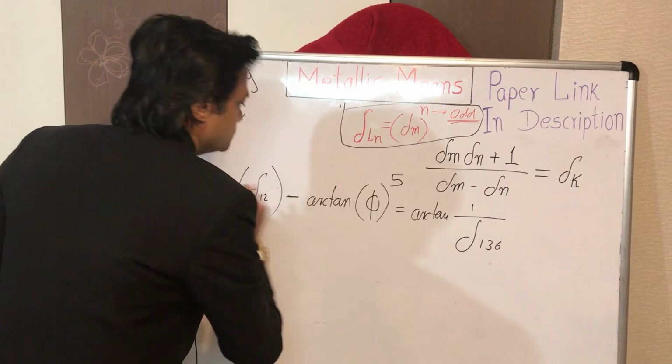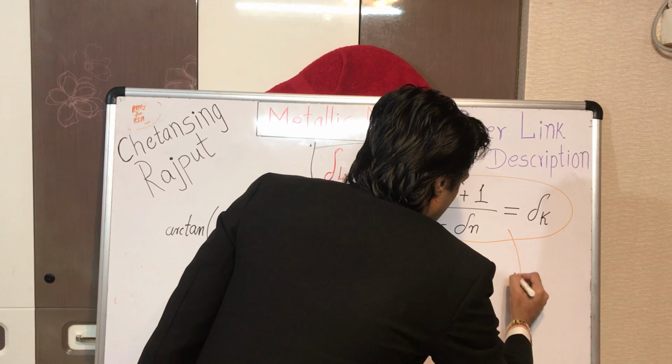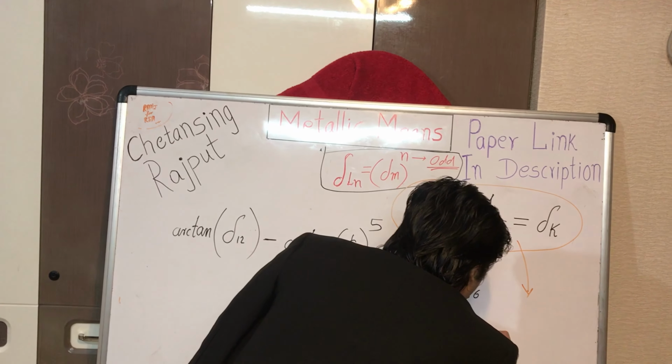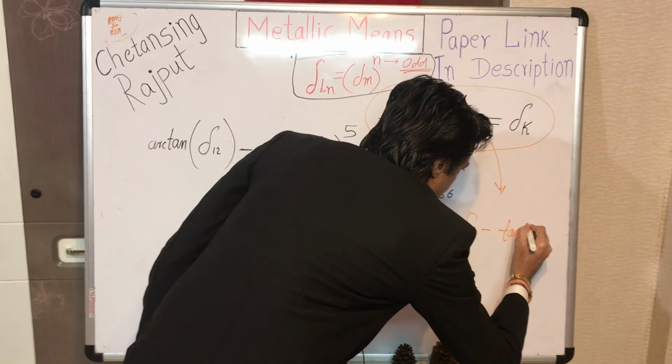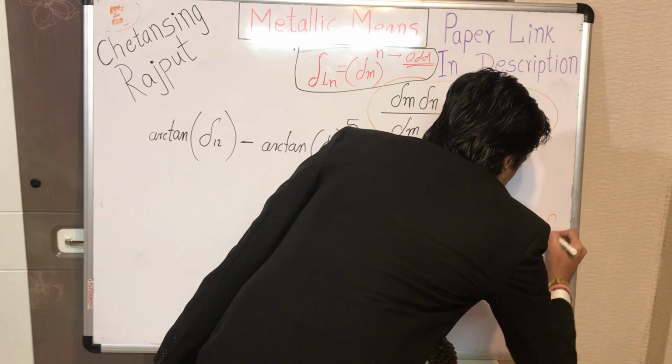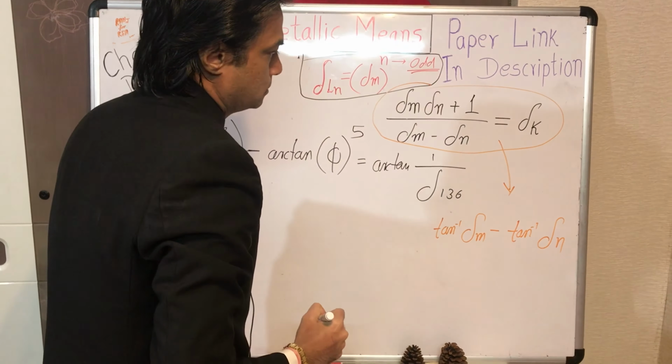This is the trigonometric form of that equation, because the equation can also be written as arctangent of the mth metallic mean minus arctangent of the nth metallic mean will precisely equal arctangent of the inverse of the kth metallic ratio.